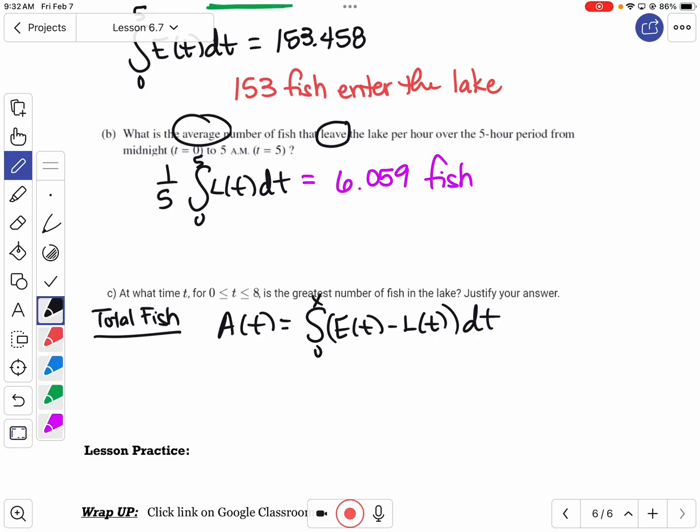That would be my amount of fish, right? I have to use the integral because E and L are rates of change, okay? Now, to find maximums, which is what they're asking me for, what do we have to do in calculus to always find a maximum? We have to take a derivative and find where it's equal to 0, our critical points. Good.